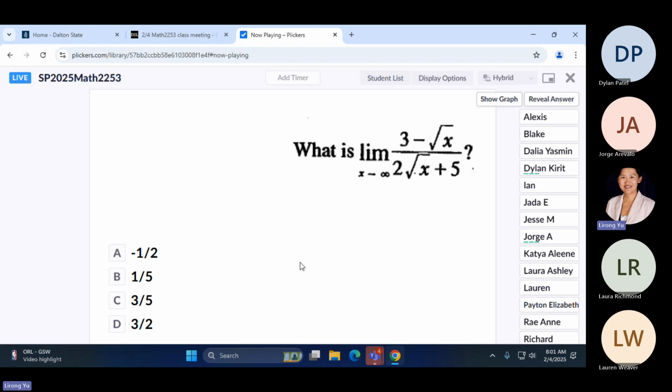So we have negative root of x, and this term is a negative value. So you have 3 and a big negative value in the numerator, and in the denominator you have 2 times a big positive value plus 5. That's really the main value in the numerator and denominator. So we try to think about how we handle this kind of calculation.